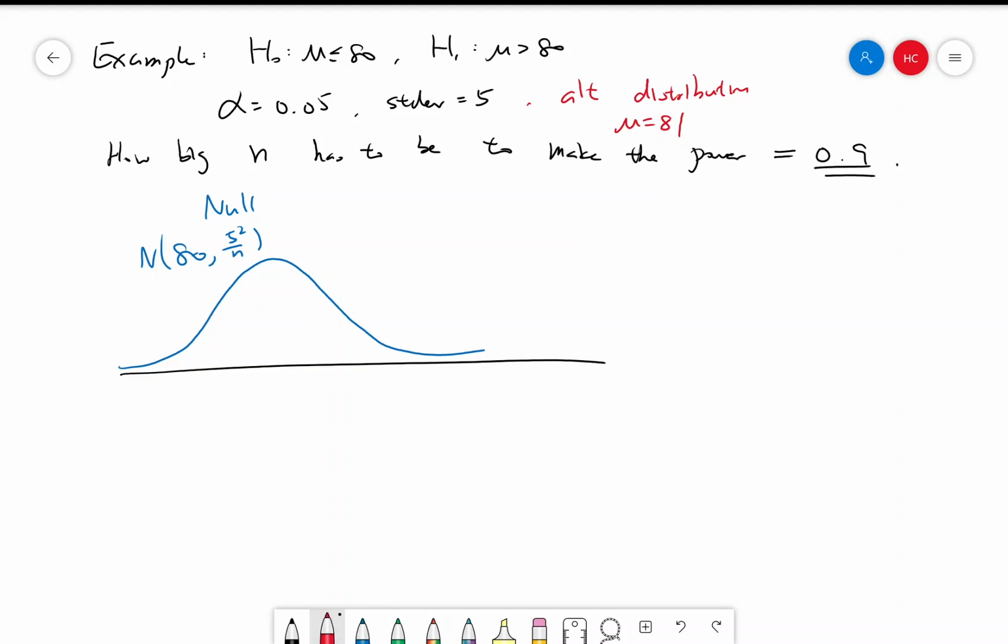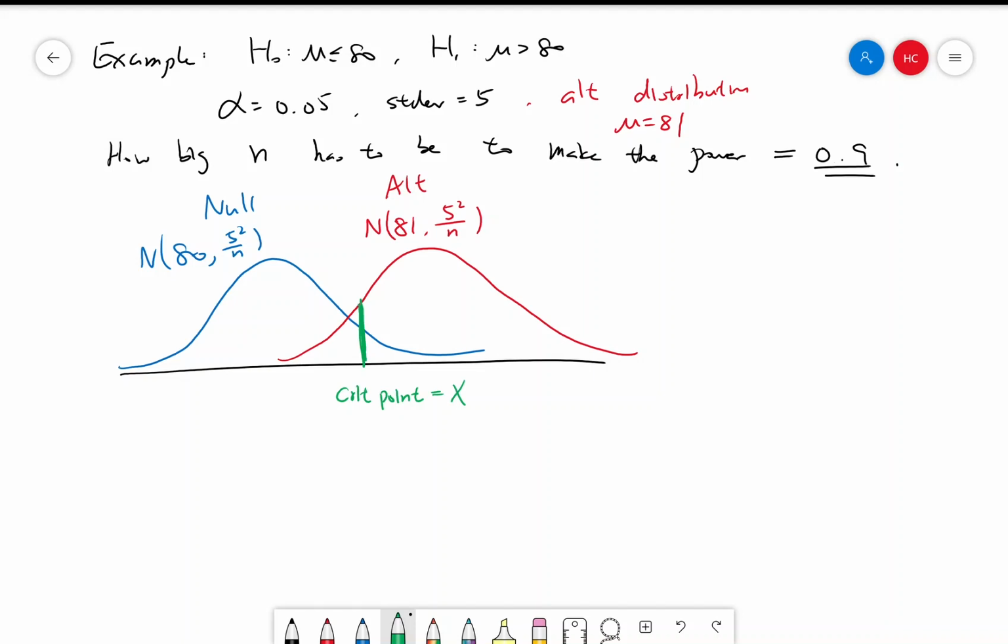And the alternate distribution has the same standard deviation, but the mean is 81 because we chose 81, and the variance is 5 squared over n. Okay, so imagine somewhere here there is a critical point. Let's call it x. So the critical point is x.